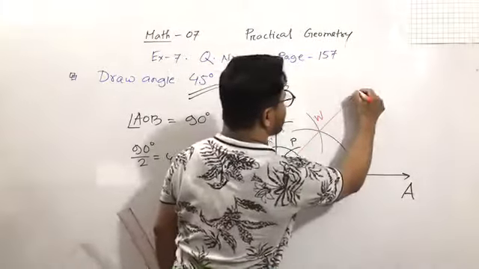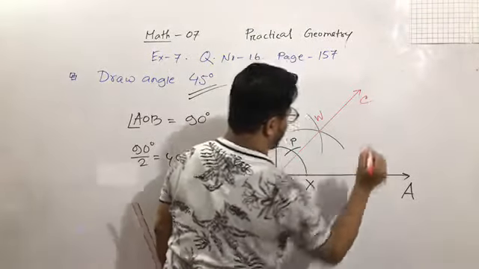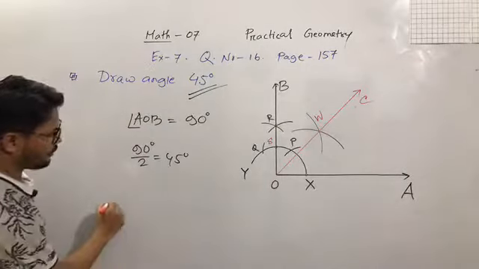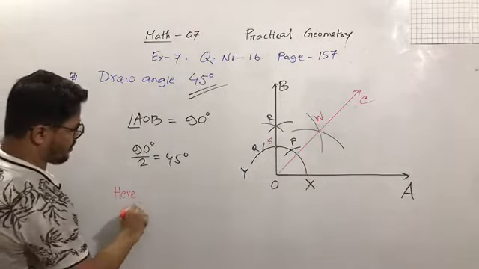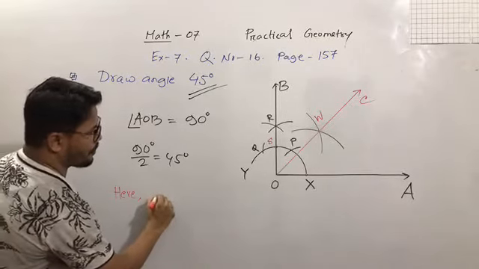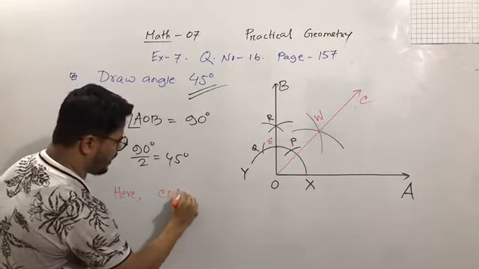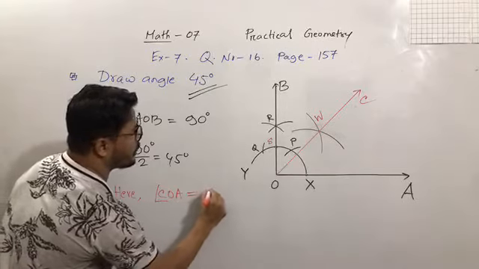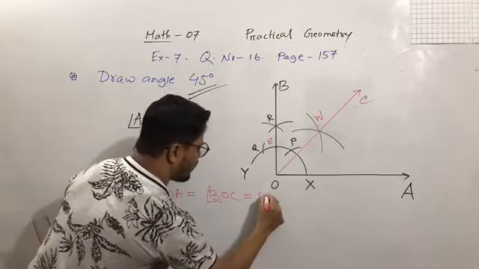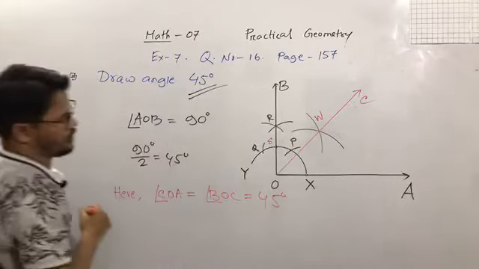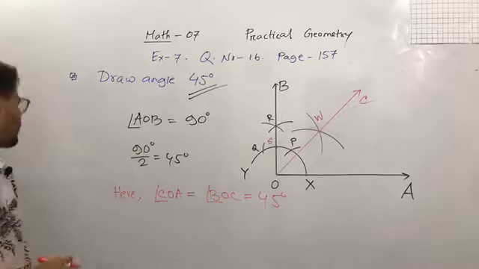This is C. So here COA angle equal BOC angle equal 45 degree, which is required angle.